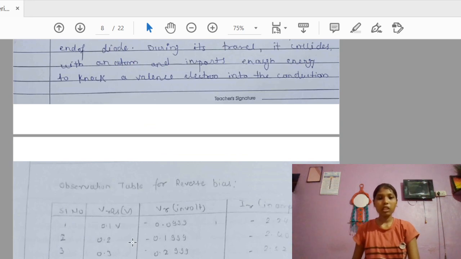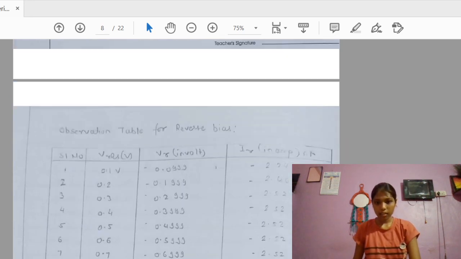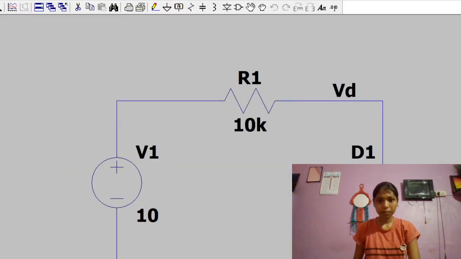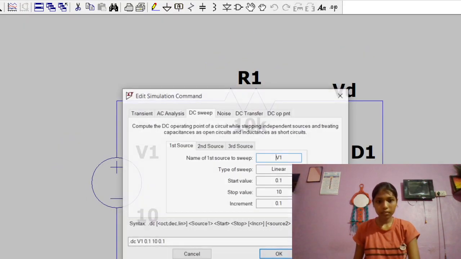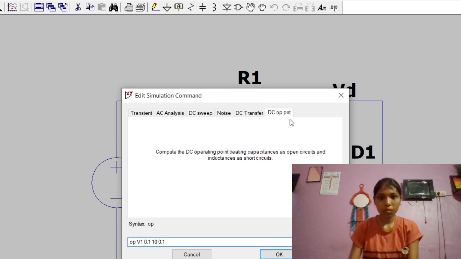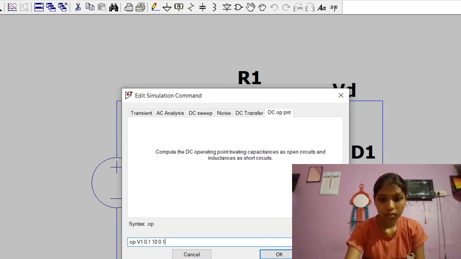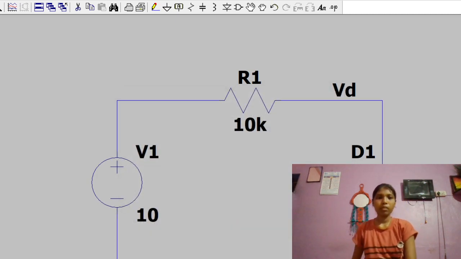This is the observation table for reverse bias, and the circuit diagram for reverse bias is this. DC output, let's run it.